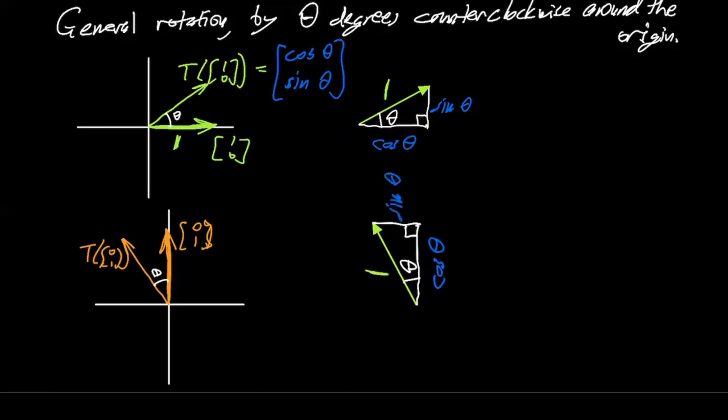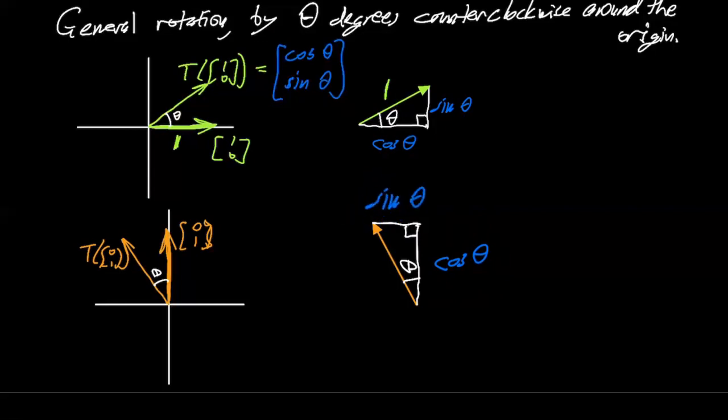So if we have this picture, this quantity is still cosine theta, and this quantity is still sine theta.